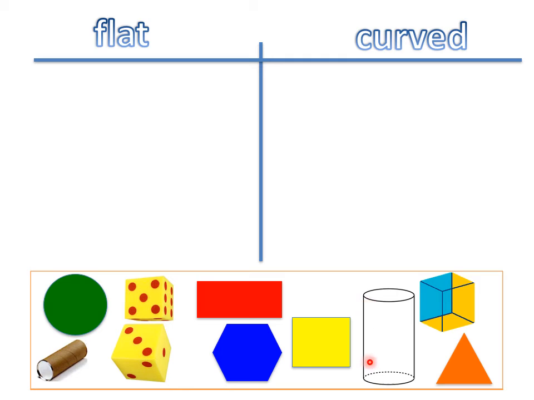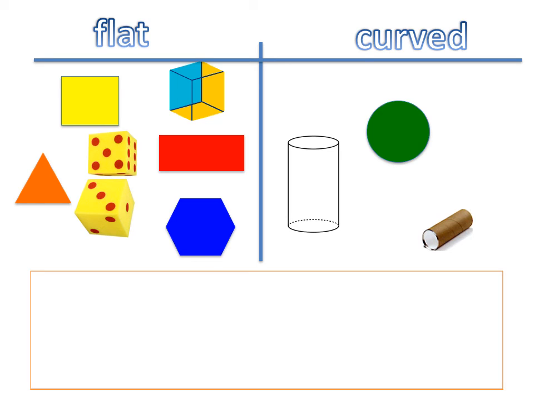It's got round edges, but it does have flat faces. So you might have to work out how you want to sort it, thinking about the different features. Maybe it would be better to have a Venn diagram where we can put something in the middle with that one, but it's up to you. All right, let's have a look at our answers on the next page.